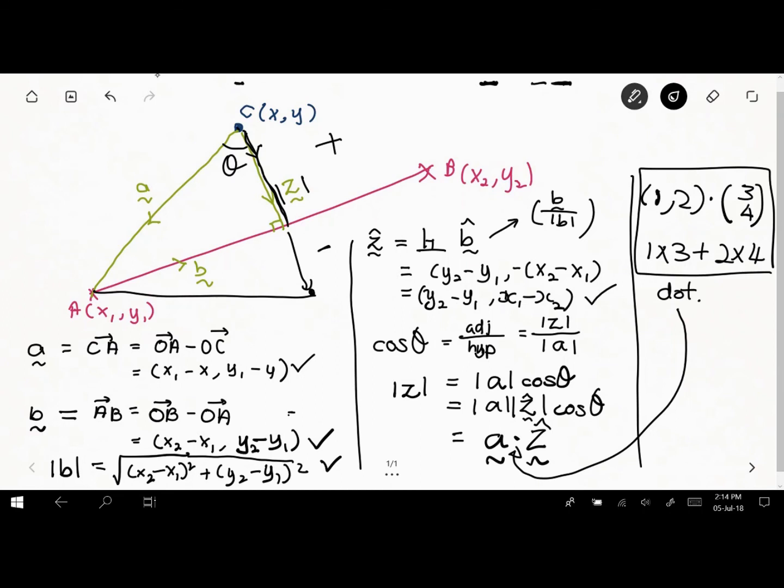The unit vector Z can be derived by taking the perpendicular of the line AB. This is done by interchanging the x-coordinate with the y-coordinate and substituting one of them with a negative. Once this is done, we are able to determine the shortest distance between a point and a line. Thanks for watching.